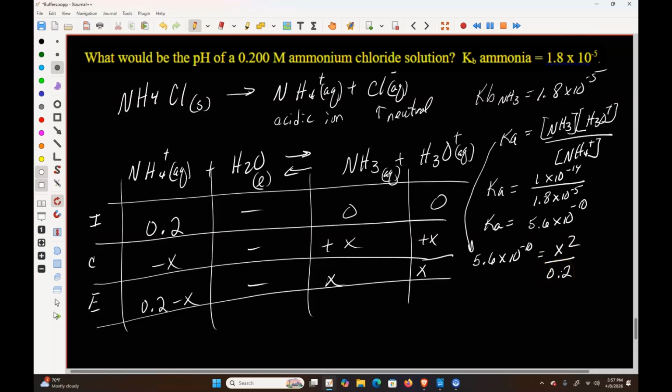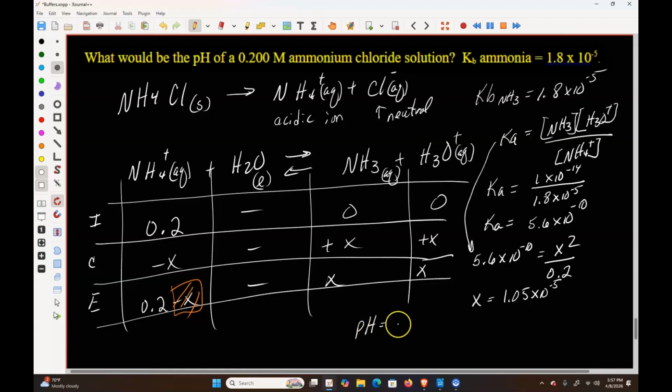I'm disregarding the x here because it's so tiny. So I'm solving for x. I get 1.05 times 10 to the negative 5.